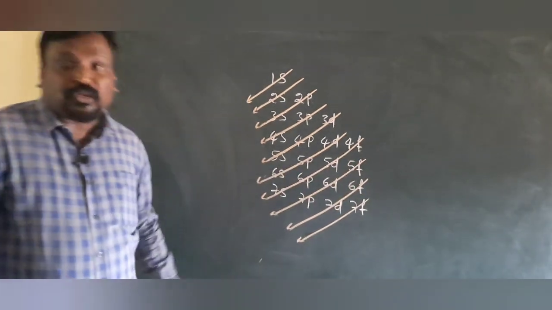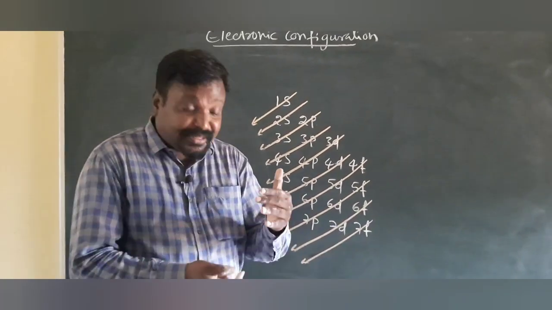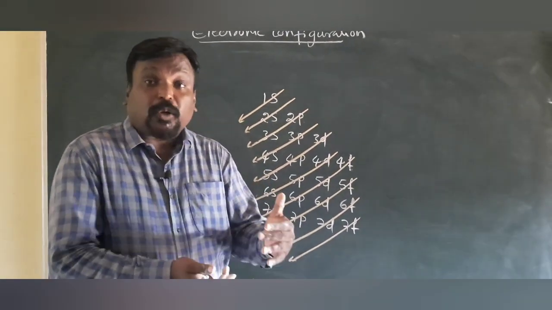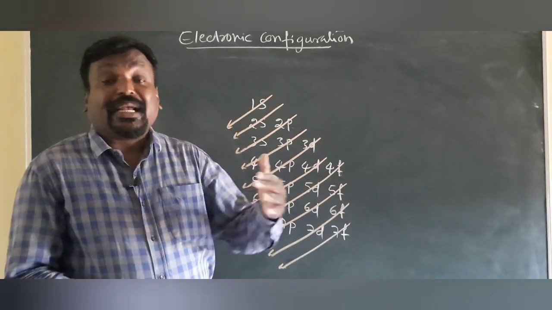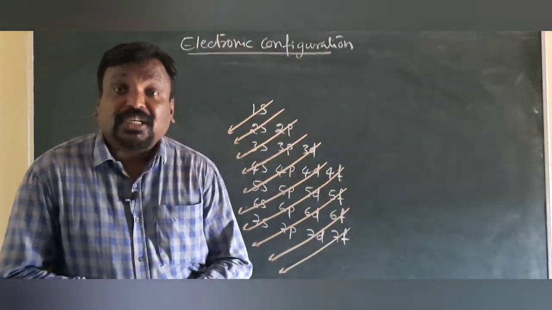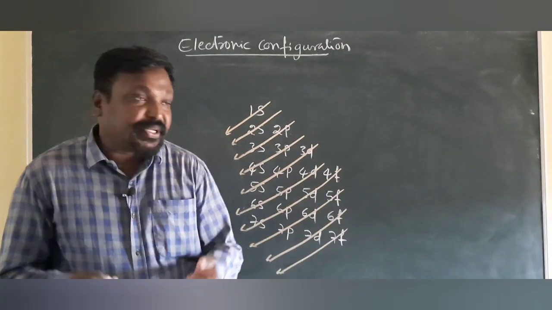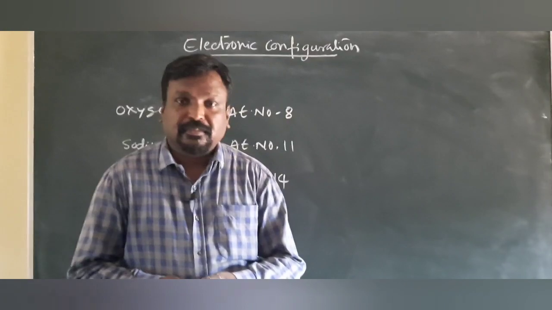So like this it follows. That means the electrons get occupied according to the increasing order of their energy levels. This is what we call the electronic configuration. Hope you can understand.